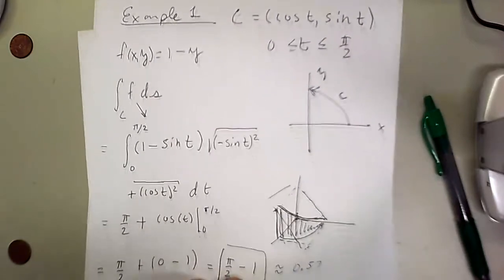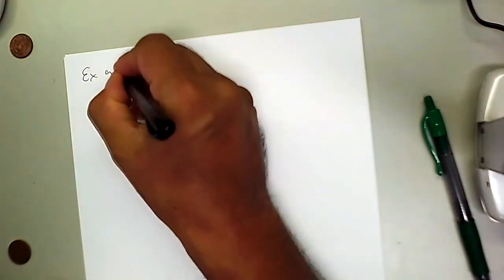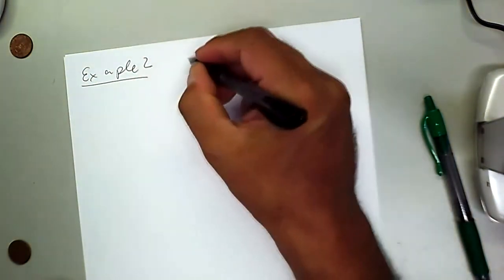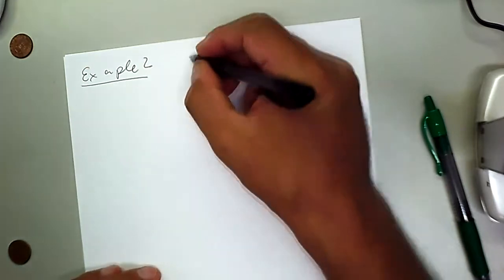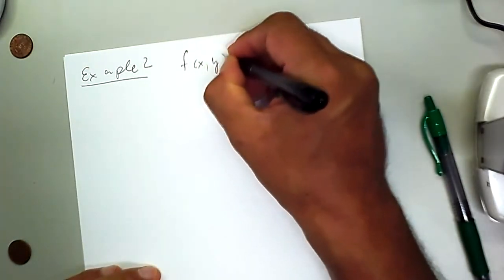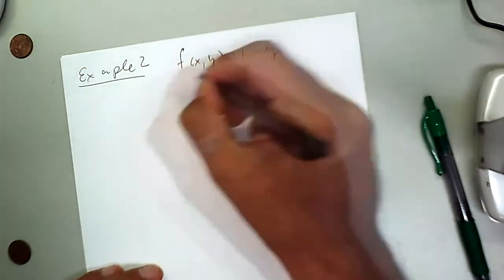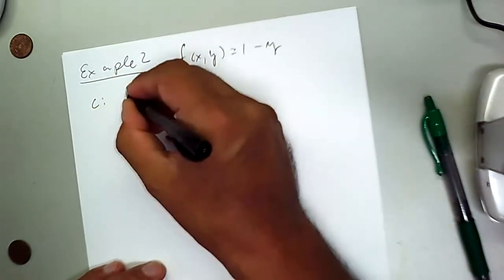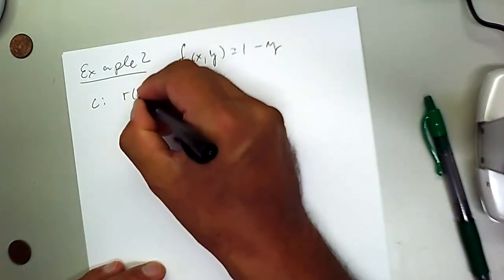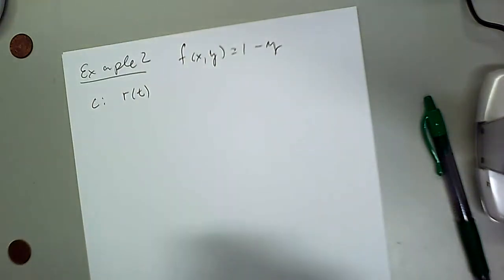Example 2. Same curve, same function. So f of x, y will be 1 minus y. The curve C is defined by r of t. Did I put that on the previous?